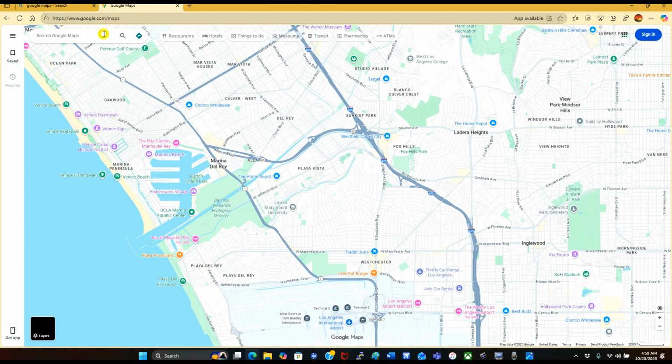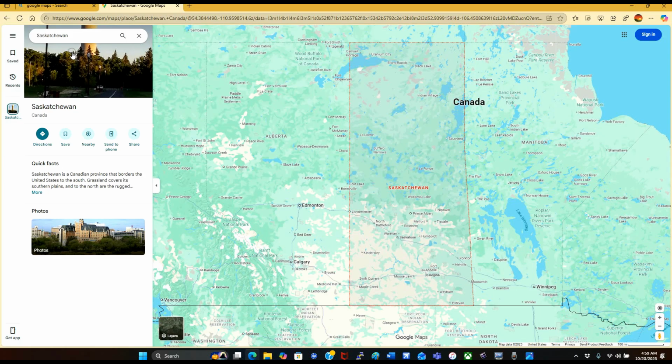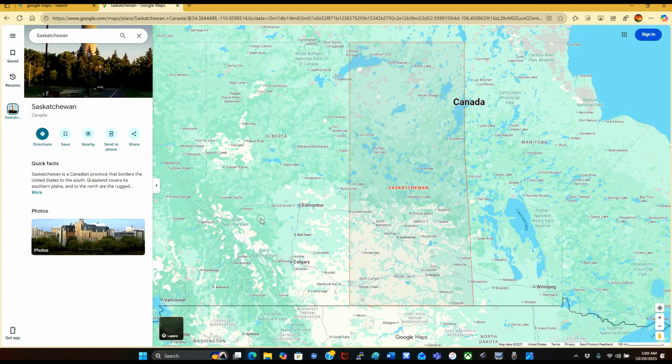And I put in Saskatchewan, Canada. And lo and behold, Saskatchewan, Canada is next to Alberta. That is not a coincidence.